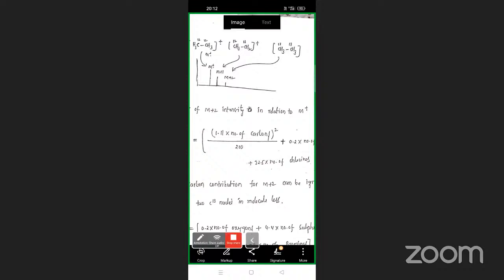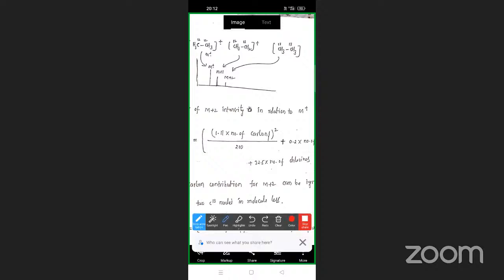So the probability for this is for the molecule carrying two carbons here. Both the carbons may be C12, the normal carbon. If both the carbons are C12, then we get the normal M peak.